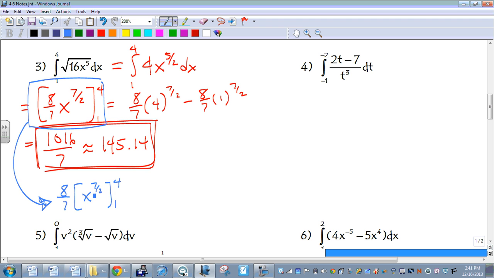And just evaluate the function part, the constant can stay out in front, so we could have it as 8/7 times 4 to the 7 halves minus 1 to the 7 halves. Which you see is basically the same thing here, it's just having that factored out. We could factor it out here, or if we wanted to here, we could do that, but just another option in certain situations that may be helpful.